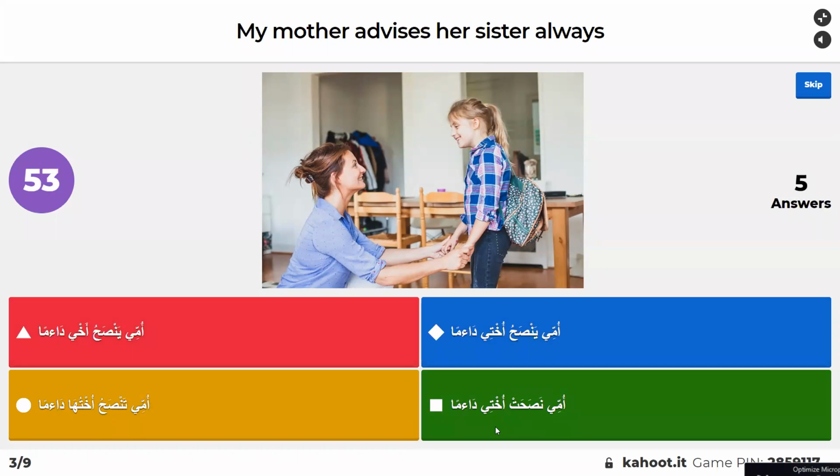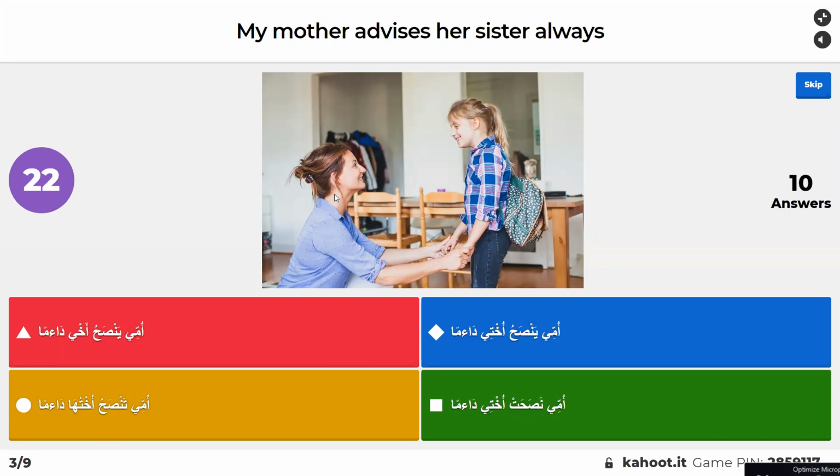Orange: Ummi tansahu ukhtuha da'iman. My mother advises her sister always. Pay attention to my mother and her sister. 25 seconds to go.